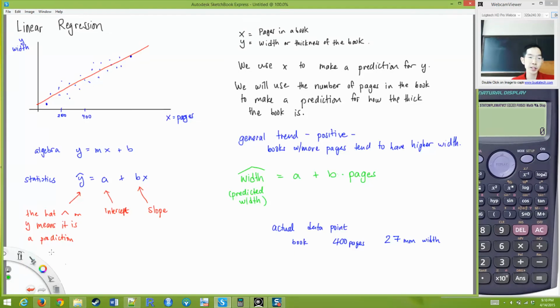I'm going to just plug in values for the intercept and slope, okay? And these come from the book, and so we will say predicted width is equal to 6.22 plus 0.0366 times pages.